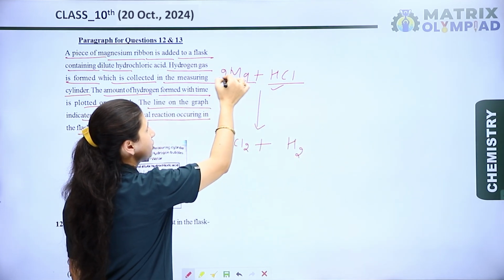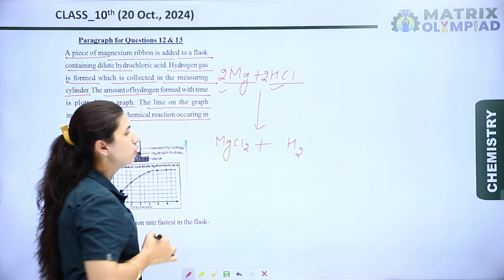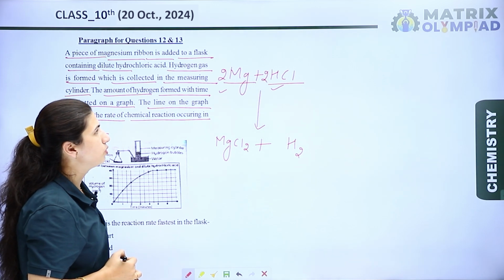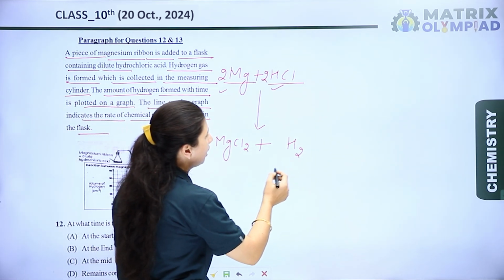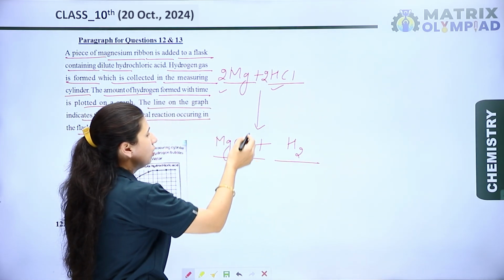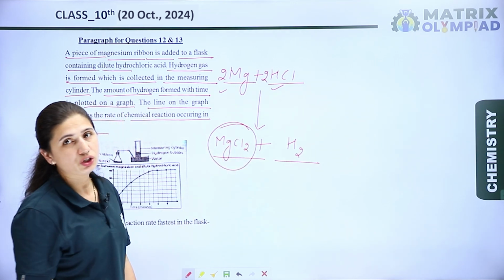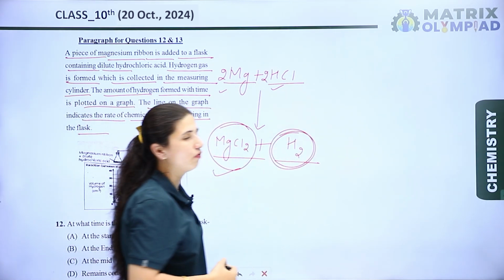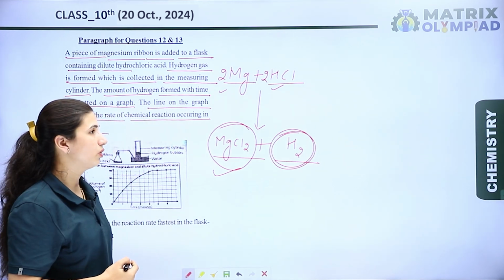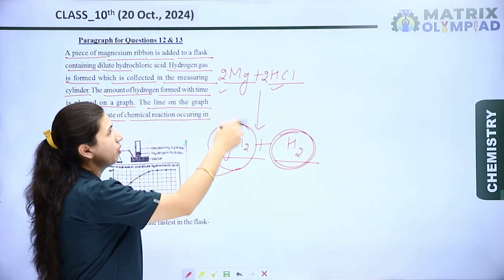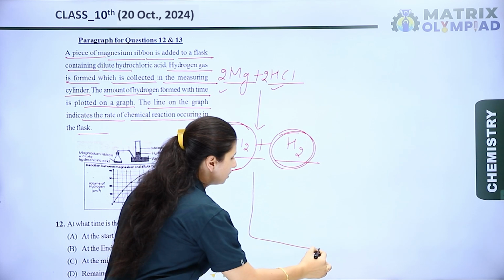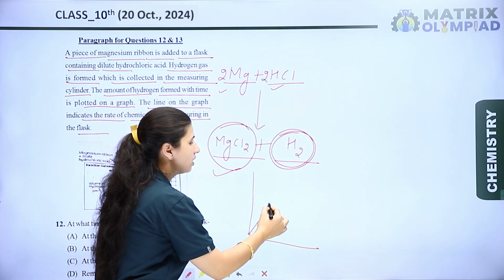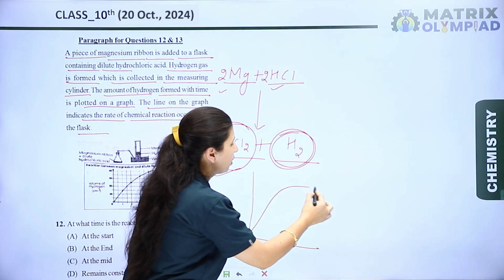If we balance this reaction, Mg reacts with 2 HCl to produce MgCl2 and hydrogen gas. Magnesium chloride is a salt and hydrogen gas is evolved here. Initially the rate of reaction is very fast, and after some time it becomes constant.